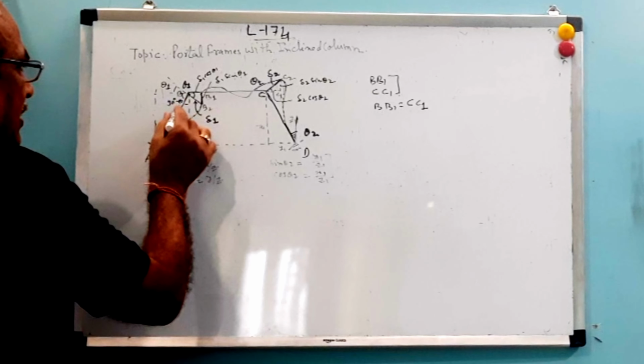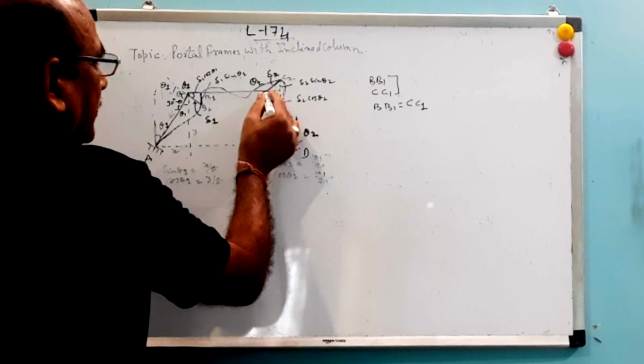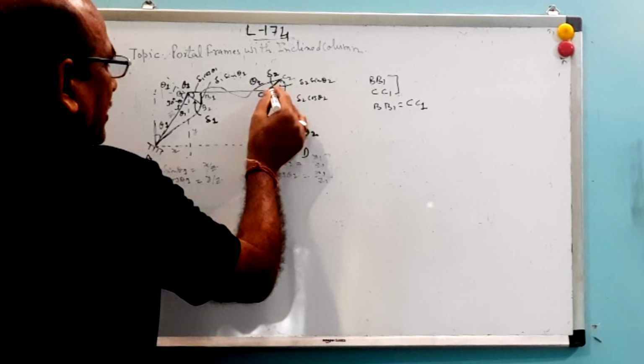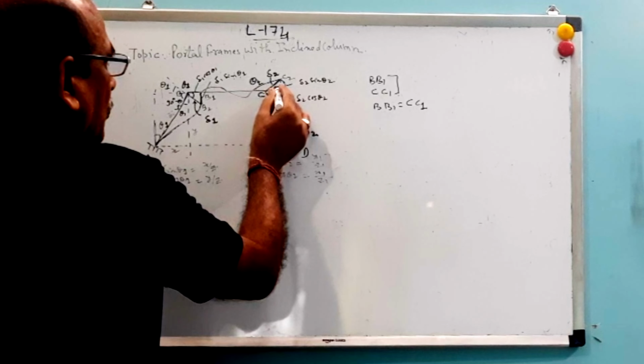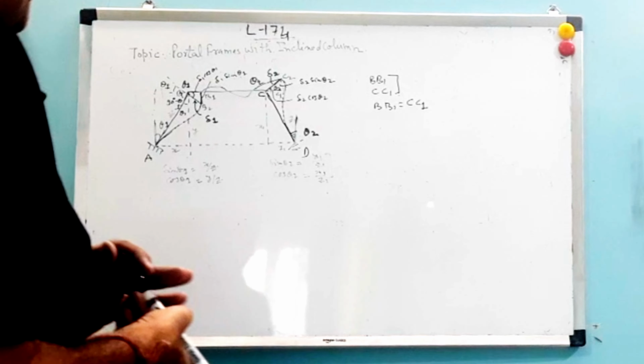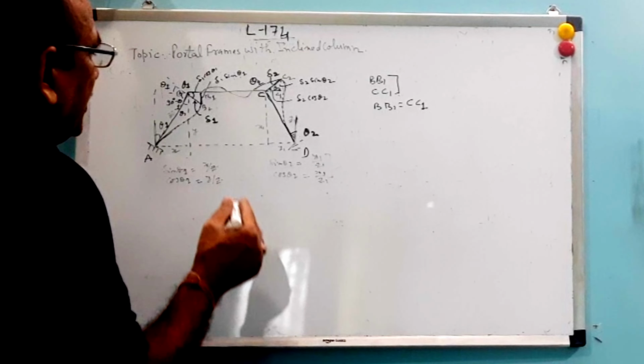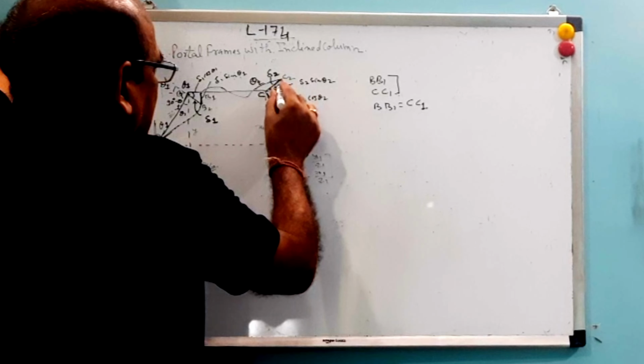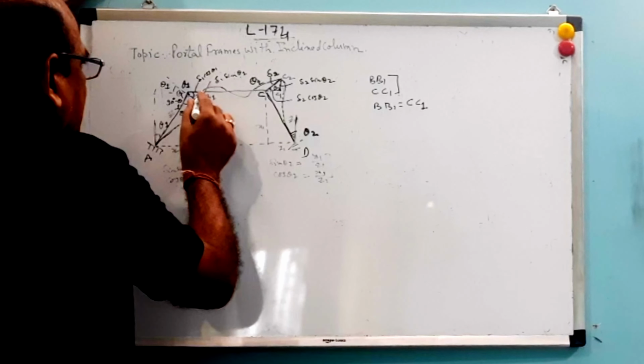Similarly, in the other direction, this angle is also theta 2. So what is the total deflection? It is this part, and this vertical.